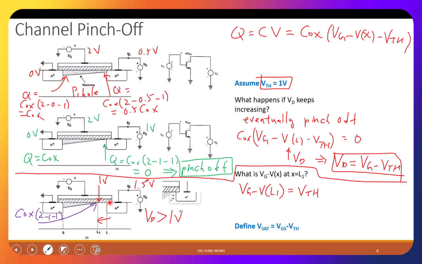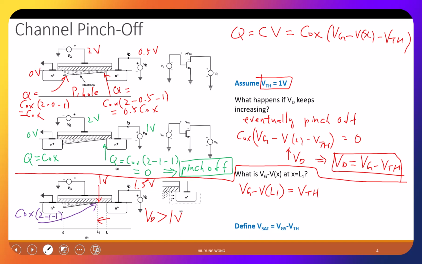When you go over here, of course, you don't get negative, because this is a simplified model. But in summary, when you keep increasing the drain voltage, this pinch-off region will be larger and larger. And that's why we define a quantity called Vdsat, which is Vg minus Vth. Any question about this pinch-off?